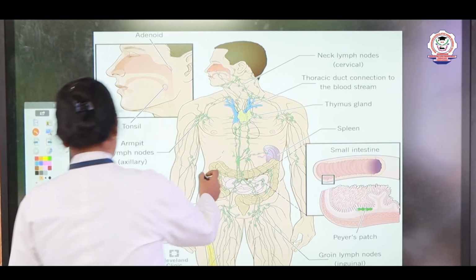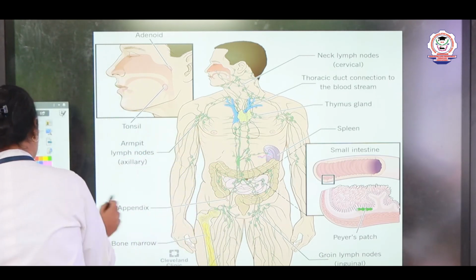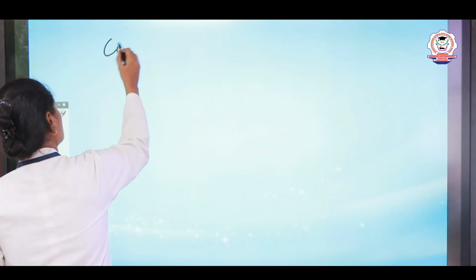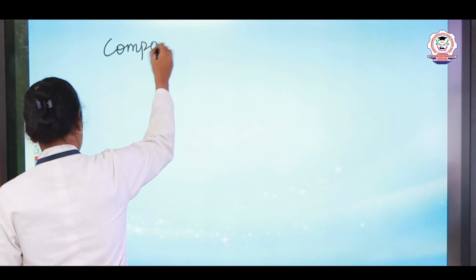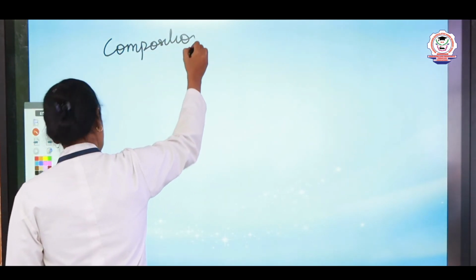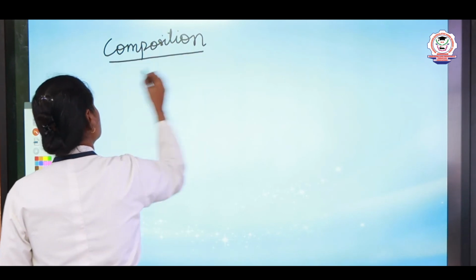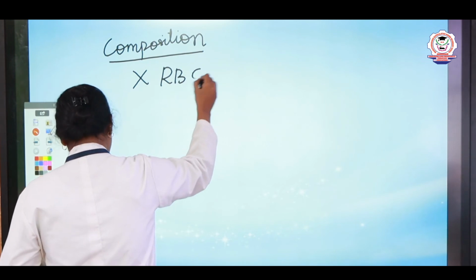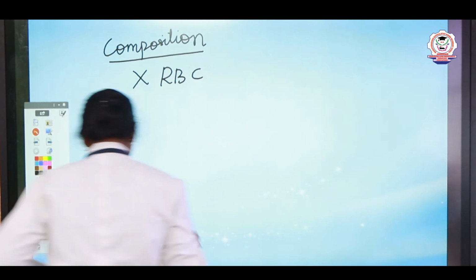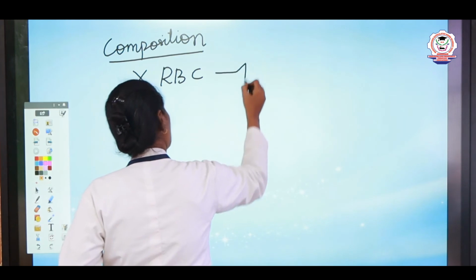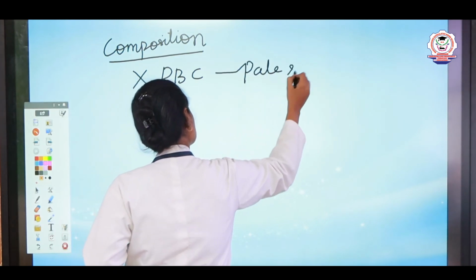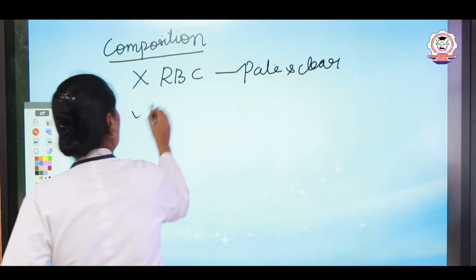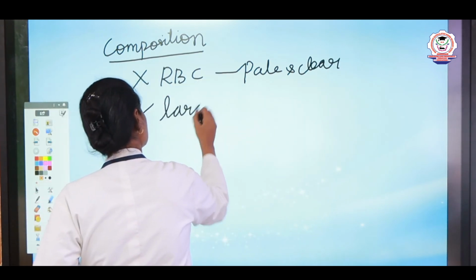So, the lymphatic system consists of, so composition of it. The lymph does not have the RBC, okay, it does not have the red blood cells, and also it is pale and clear. Here a large number of leukocytes is present.